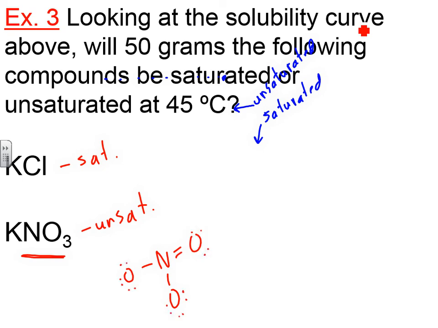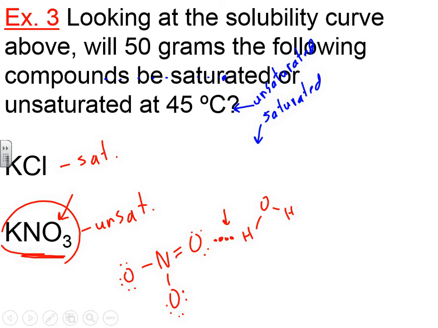So this really electronegative oxygen can hydrogen bond with the hydrogen portion of water. So it can form strong hydrogen bonds. That's why potassium nitrate is really soluble in water. This nitrate makes it very soluble, because it's got that oxygen that can participate in hydrogen bonding.